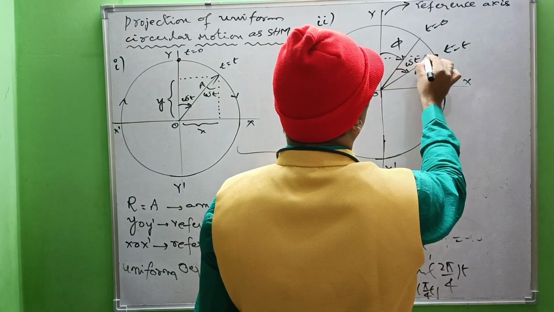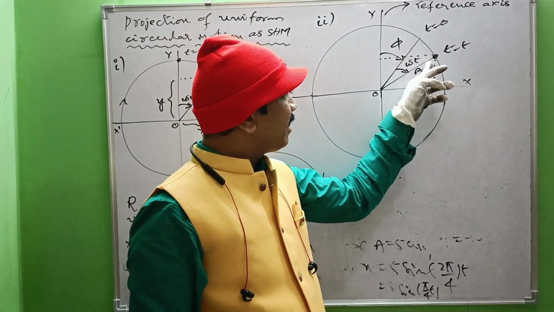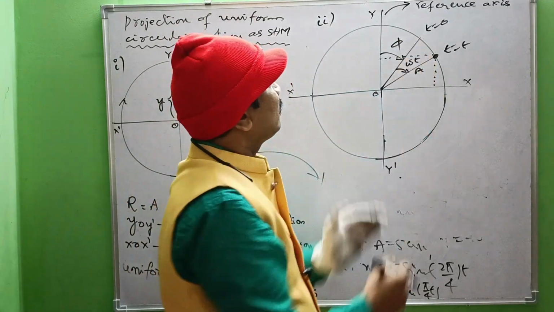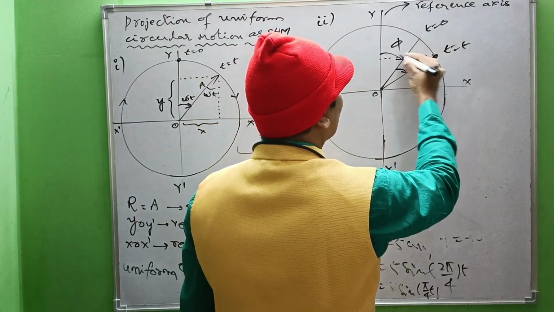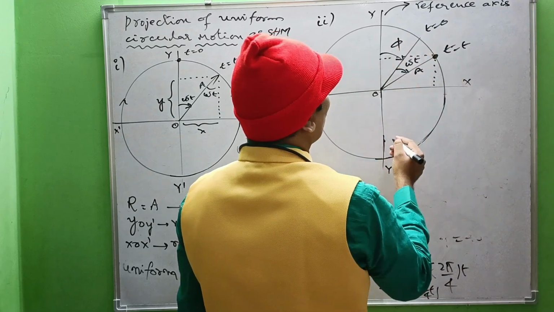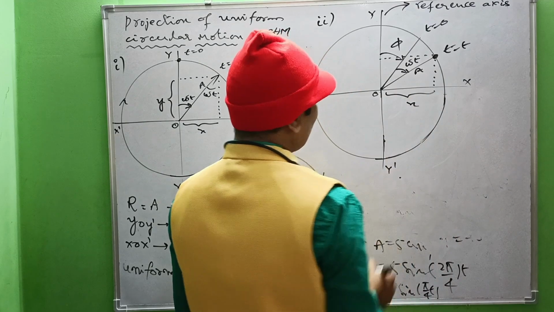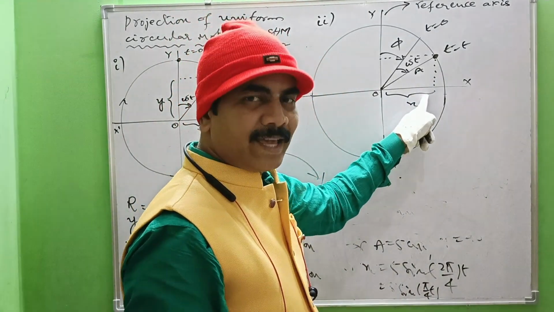Now what is the total angle made by the radius vector with the y-axis? It means pi plus omega t. If I consider this right angle triangle, now what happens? This is the x projection. As the y-axis is the reference axis, we have to consider the x projection.